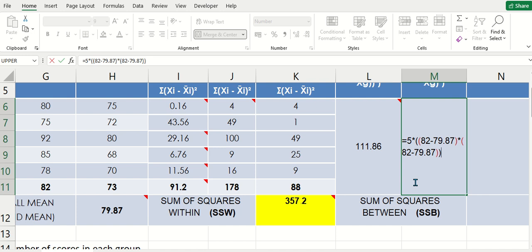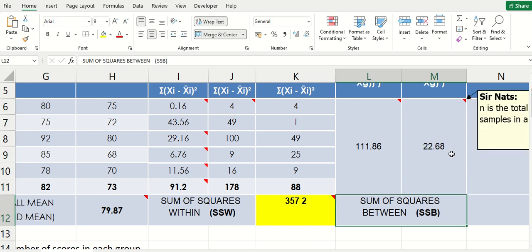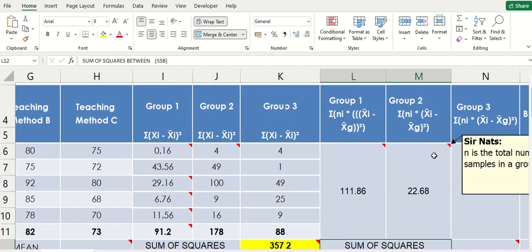Okay, and whatever the answer from multiplying by itself, please do not forget to multiply it also with the 5. That will be the last multiplication. And this is for the second group.